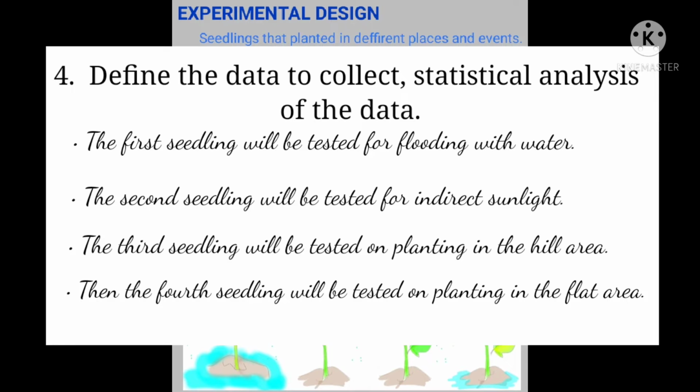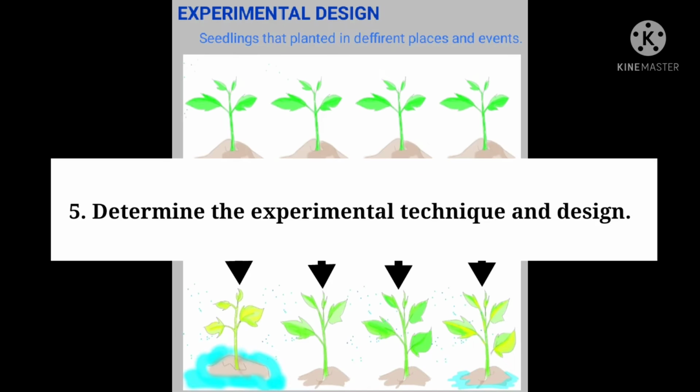The last, or the fourth seedling, will be tested on planting in the flat area. This test cost a lot of time to reach the result needed in the study. It takes a couple of weeks, so I did it in advance to obtain what is needed.